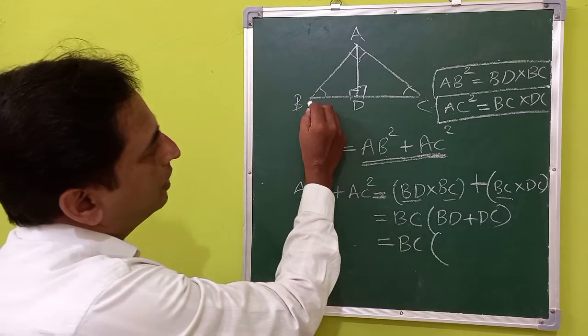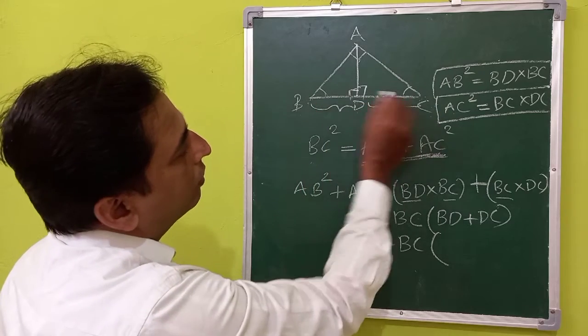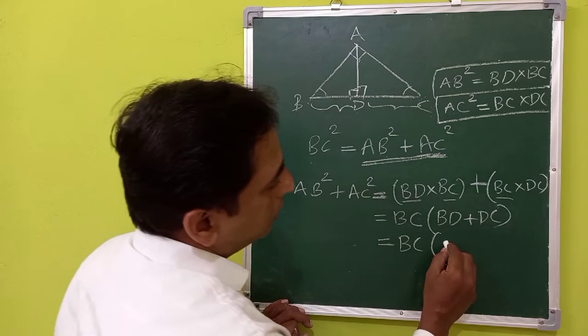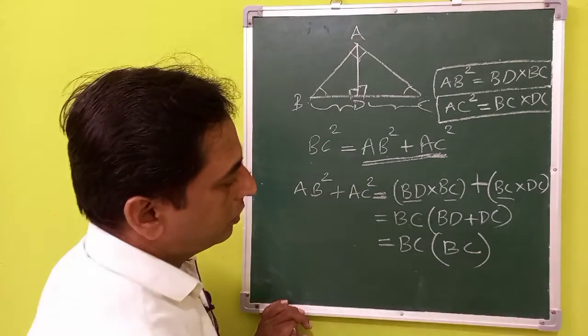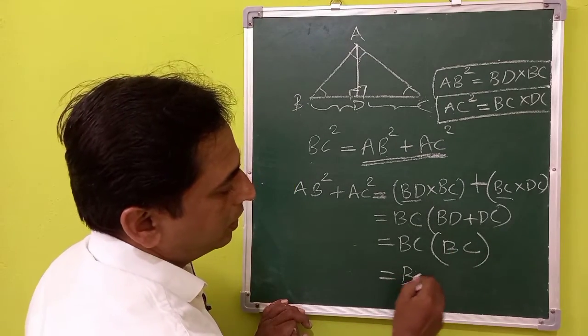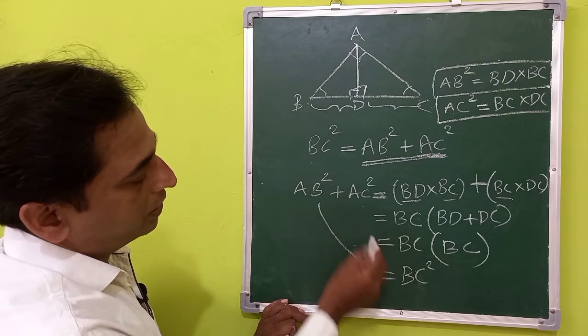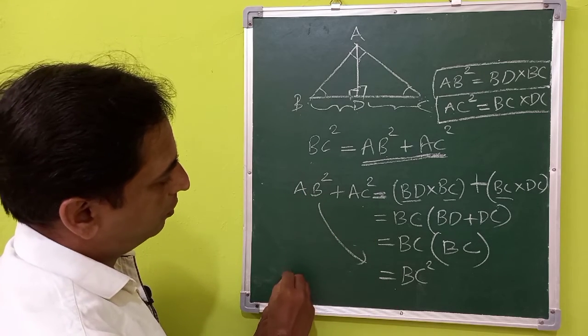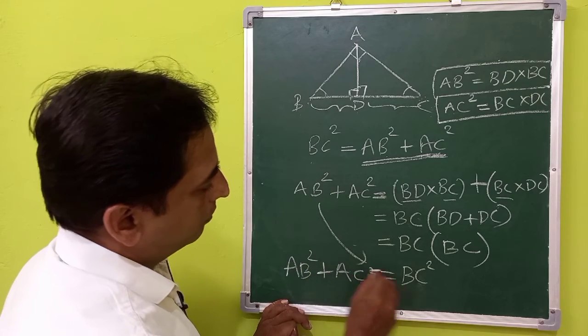Here we can see BD plus DC is equal to BC. So BC into BC, and BC into BC is BC square. So we have proved that AB square plus AC square is equal to BC square. Thus we have proved the Pythagoras theorem.